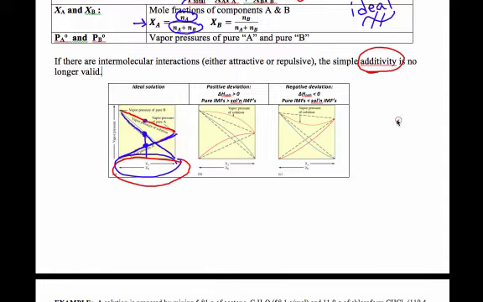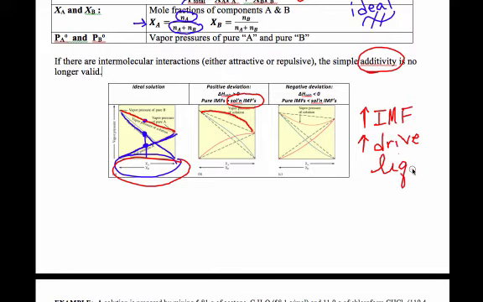All right. Now, if it's not an ideal solution, we can see two things occur. One, we can have a higher vapor pressure than expected, and that's because the solution has weaker intermolecular forces. If you increase the strength of the intermolecular forces, you're going to increase the drive to stay in the liquid state.